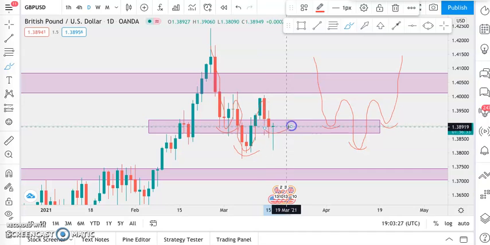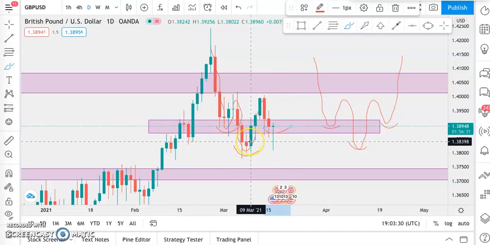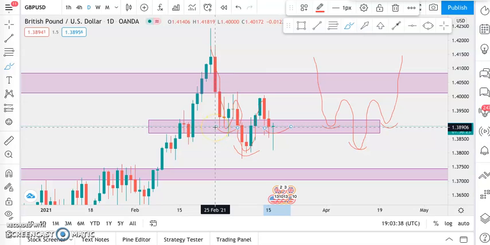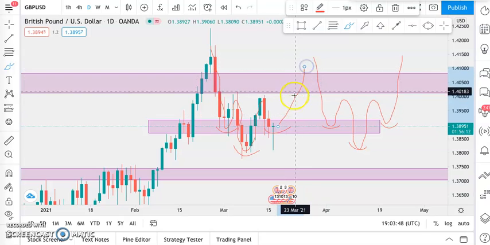So there's a possibility of us getting this inverse head and shoulders pattern, which is the kind of structure we are currently forming on the daily time frame. So definitely we do expect another impulse to the upside.